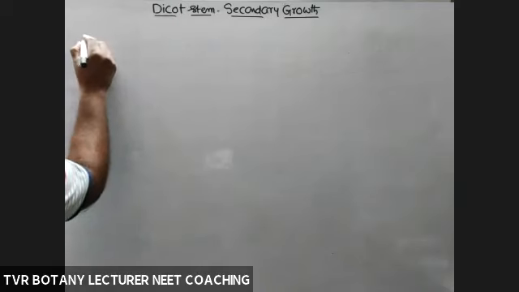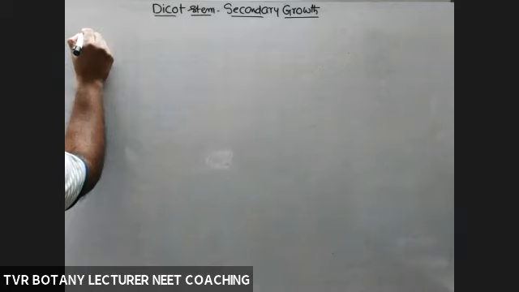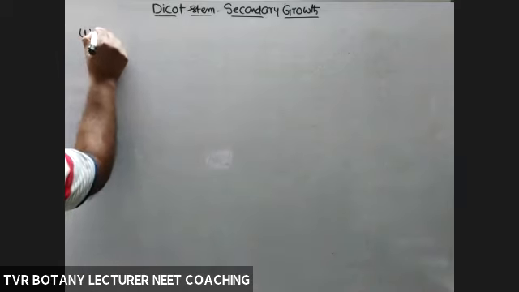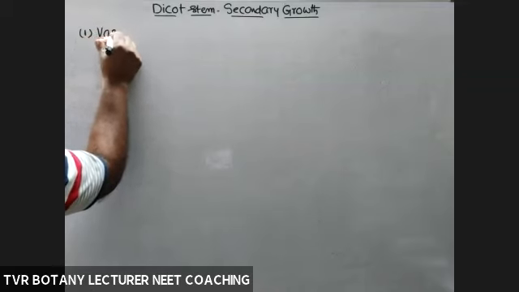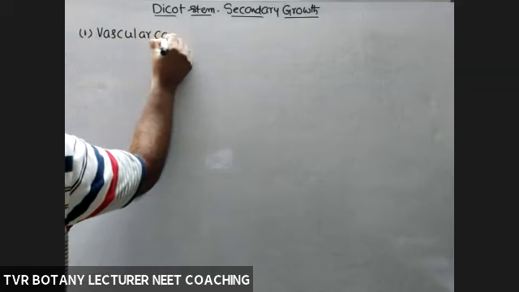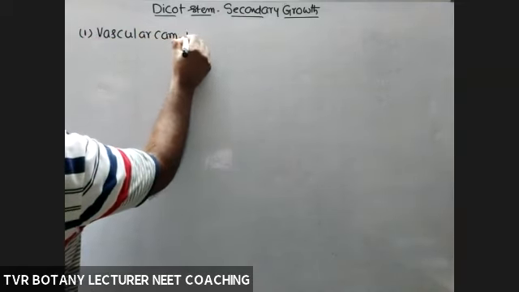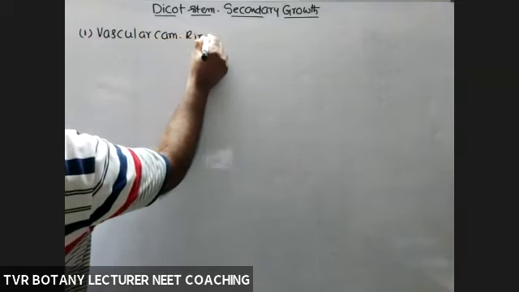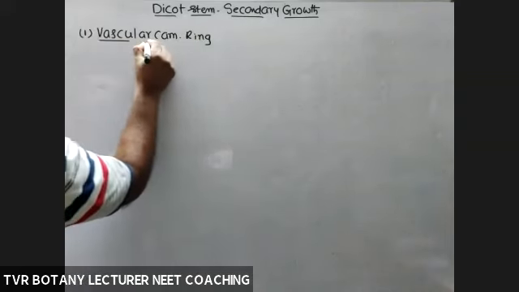So here, the meristems which are involved during secondary growth, the first one is the vascular cambial ring. I think the origin of this one is well known to you.